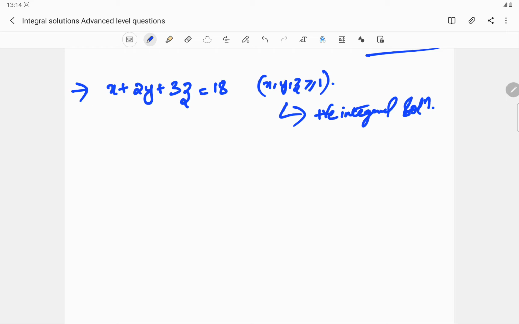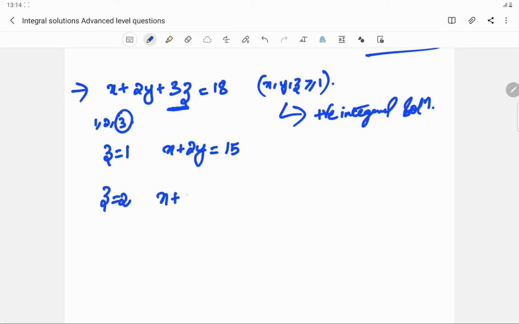In order to solve this equation, first target that portion of the equation for which the coefficient is the highest. Here the coefficients are 1, 2, 3. Since 3 is the highest coefficient, we will start solving from here. We will assign the value of z as 1. We are going to get x plus 2y is equal to 15. Z is equal to 2.